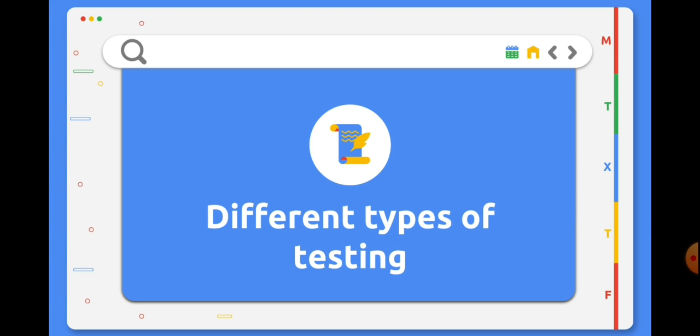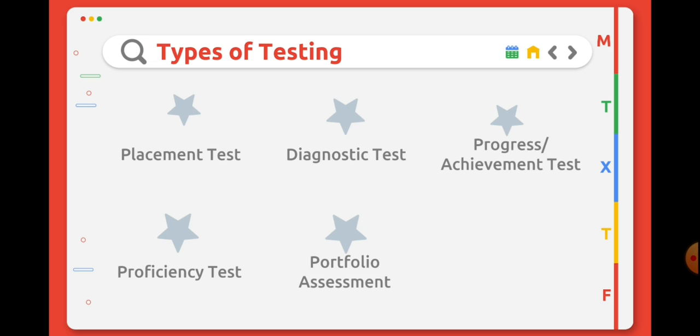Let's move on to the next part regarding the types of testing. There are 5 types of testing covering placement test, diagnostic test, progress or achievement test, proficiency test, and portfolio assessment.